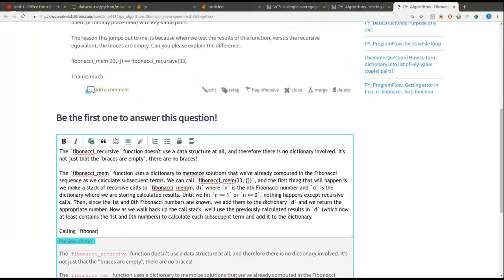Calling Fibonacci mem 33 with empty brackets and Fibonacci mem 33 with 0, 0, 1, 1 return the same result.